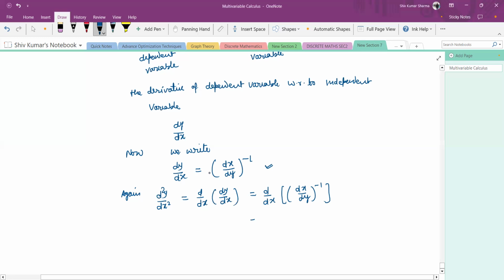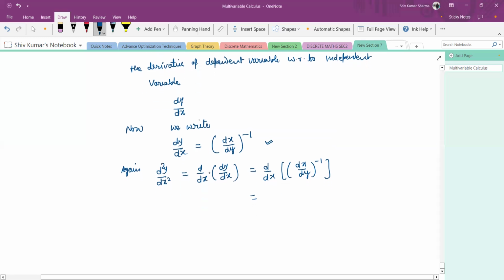Okay. So now when we differentiate (dx upon dy) raised to the power -1 with respect to x, we see that here outside the independent variable is x, but inside the independent variable is y.